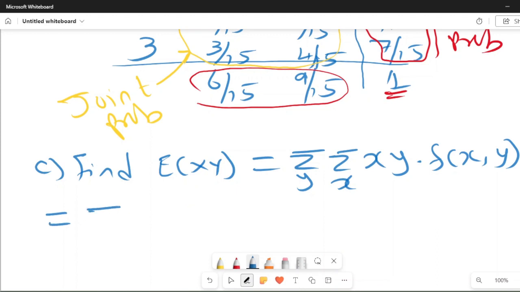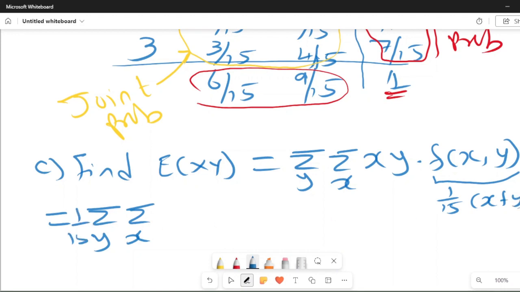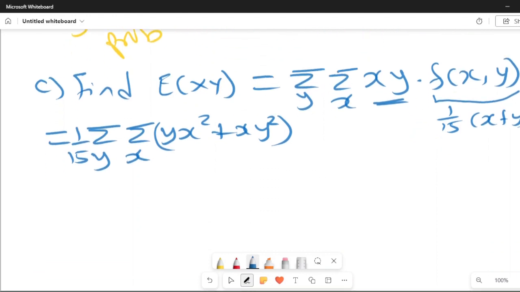I can write this as a sum over y; you can sum over x first or y first. We know f is 1 over 15 times (x plus y), so I'll put 1 over 15 outside. Then I'll have y x squared plus x y squared. When I multiply xy times (x plus y), that's what I end up with.